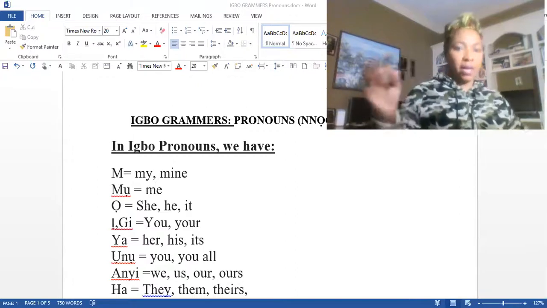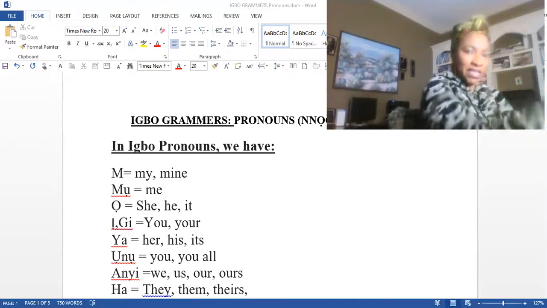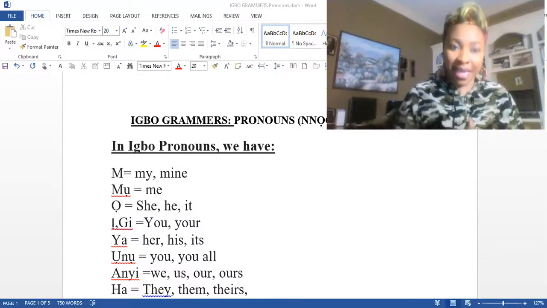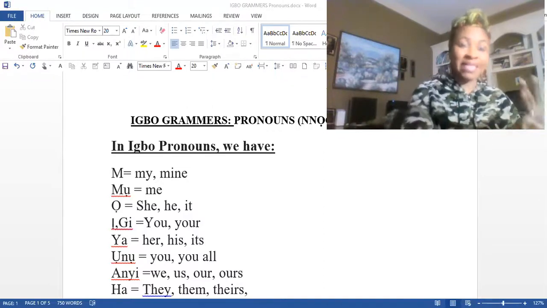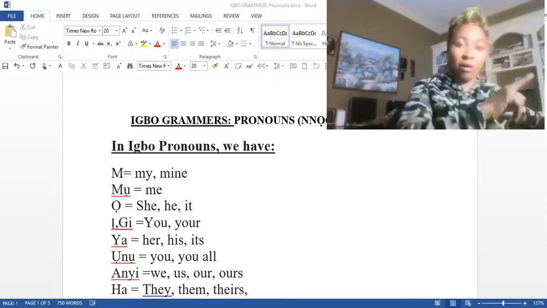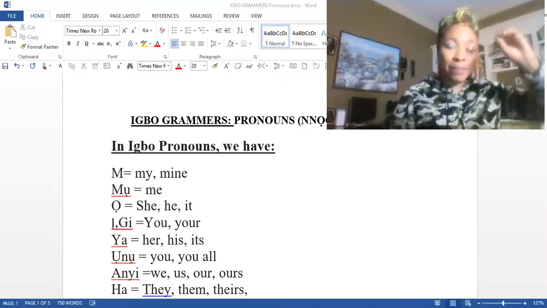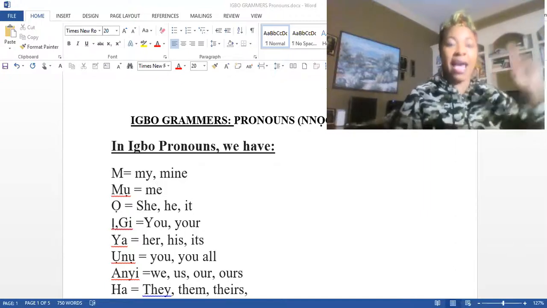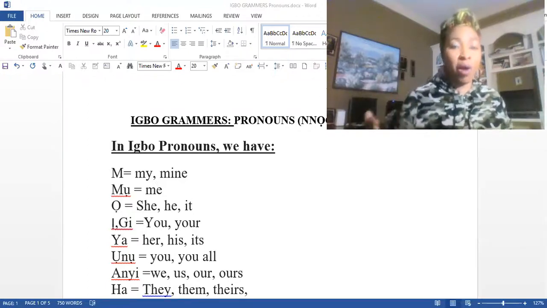Nwanne m nwoke, my brother. Nwoke there is differentiating, it's specific. But now the point I'm trying to make here is all that represents whether it's a male or female. So it's all that represents or replaces the he, she, and it. So you're going to apply it when it comes to the Igbo language.